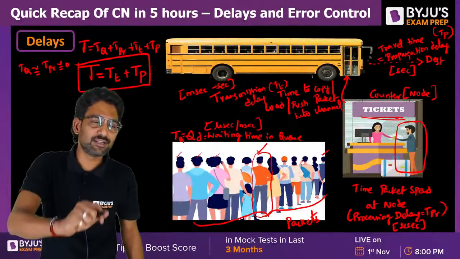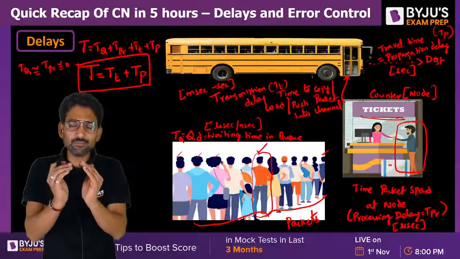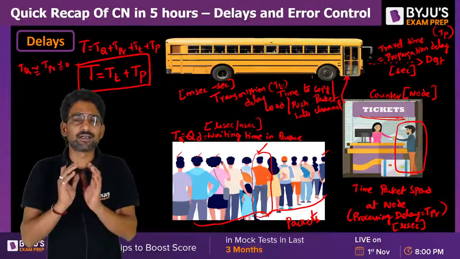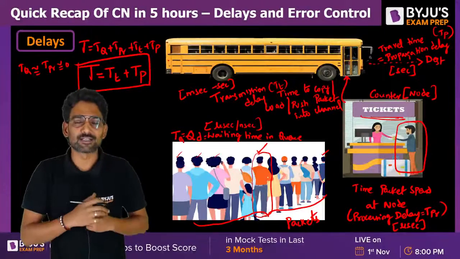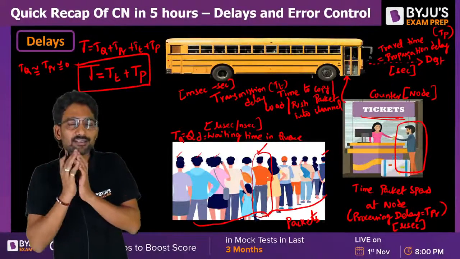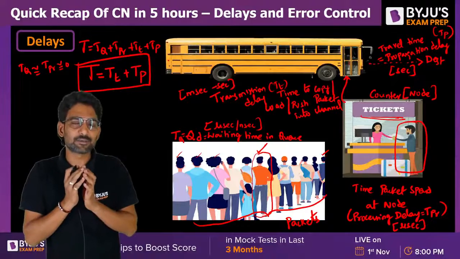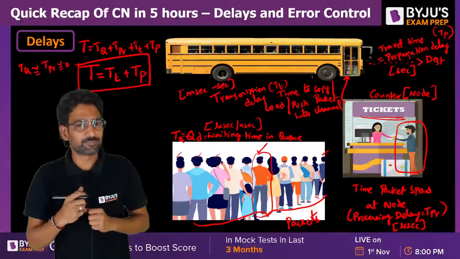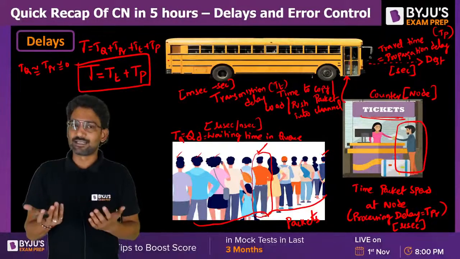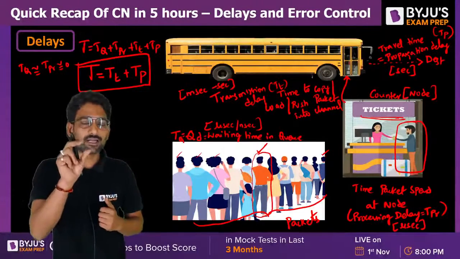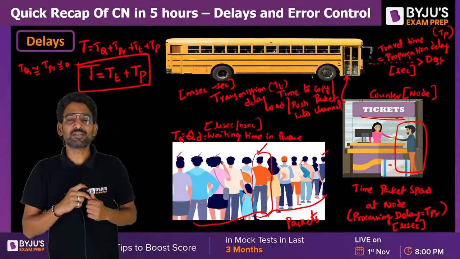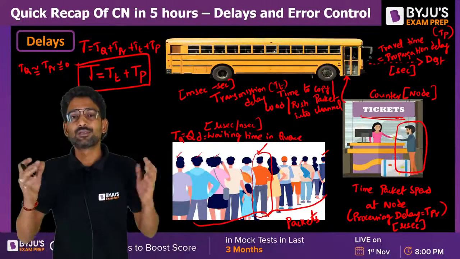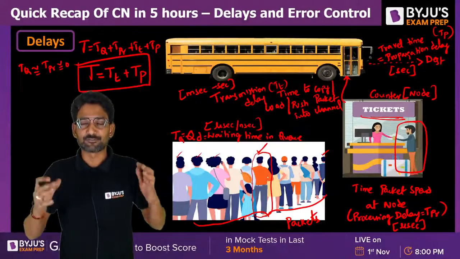What does transmission delay mean? I said the time to copy your data, load your data into the medium, into the channel. On what factors is it dependent? Check it once. If you have more data to load, you take more time. Less data, less time.